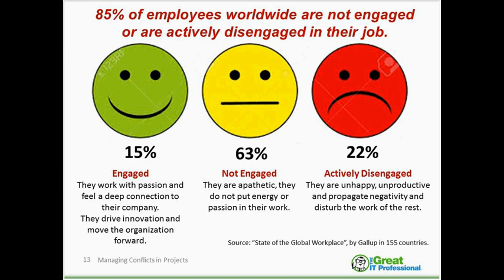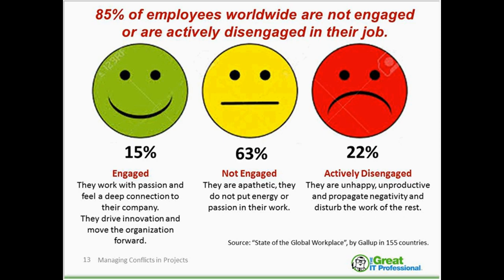Worldwide, the percentage of adults who work full-time for an employer and are really engaged at work is just 15%. It means that only 15% of employees are highly involved and enthusiastic about their work and workplace, just 15%. So 85% of employees worldwide are not engaged or are actively disengaged in their job.